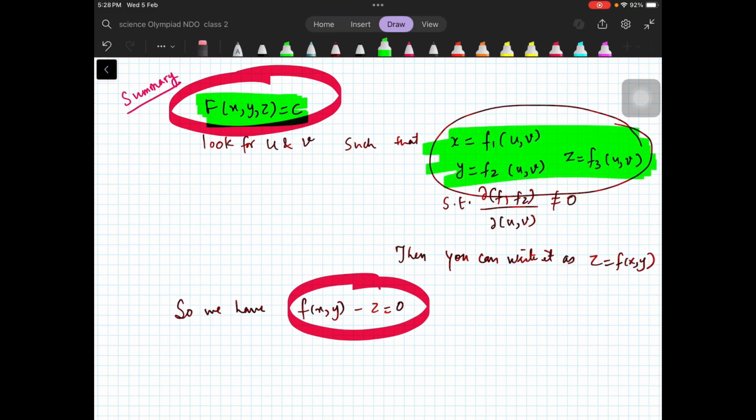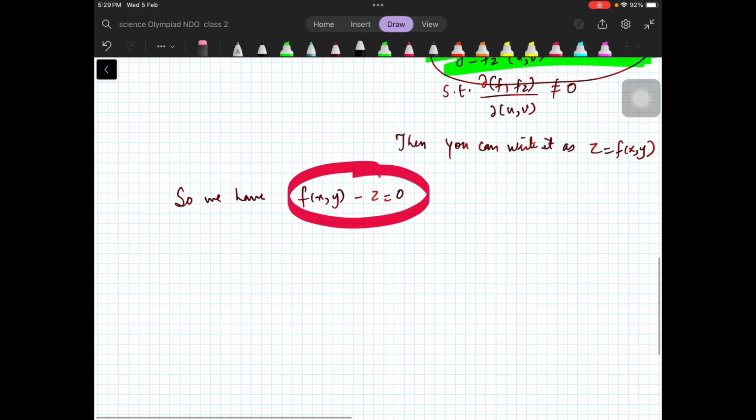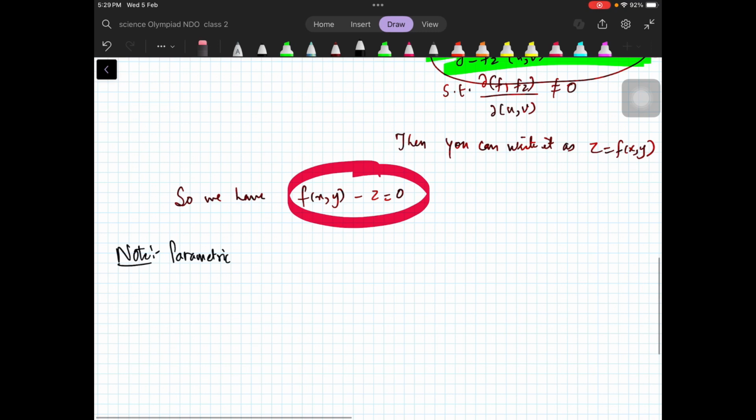Okay, because this we already know. And we know that this parametric representation is not unique.